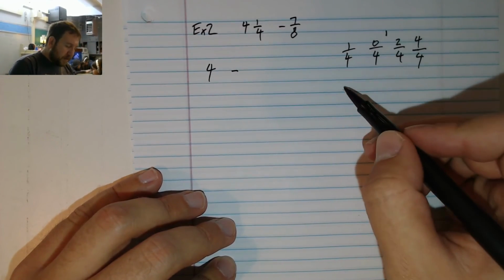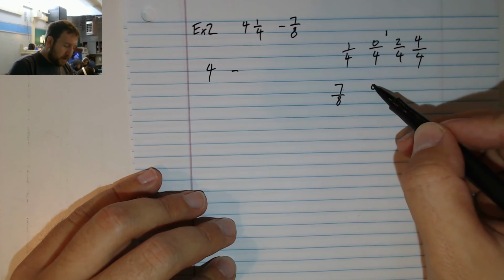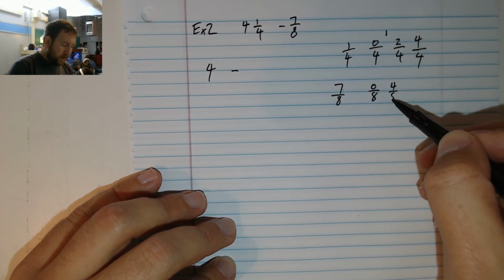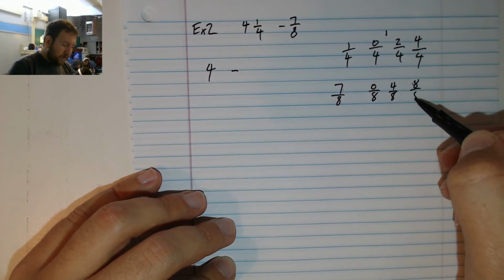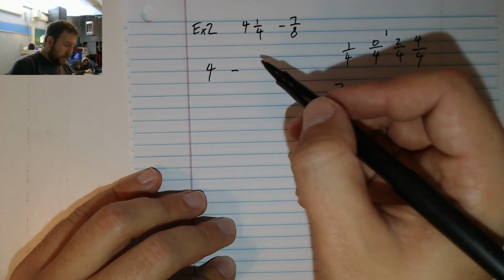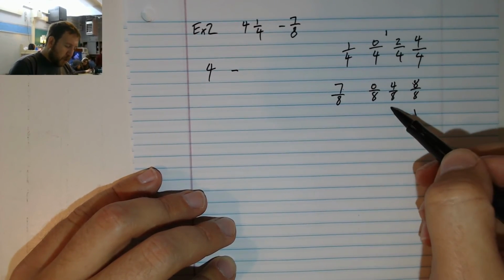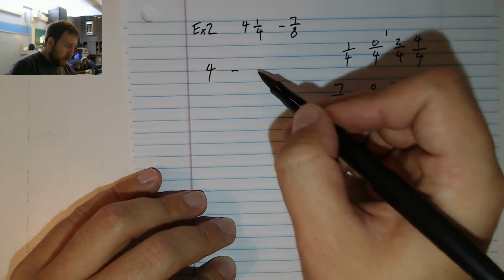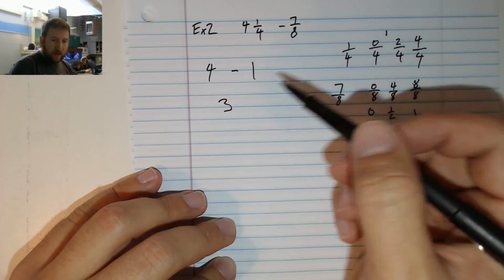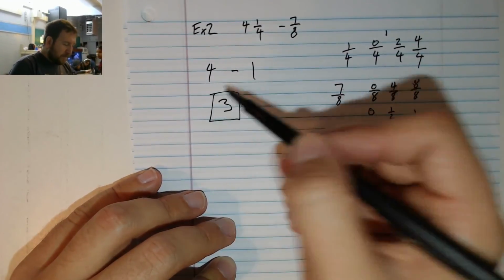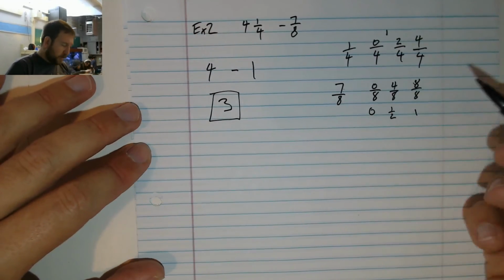I'm going to do the same thing with 7/8. Is it 0/8, 4/8, or 8/8? Well, 7 is definitely closer to 8, so I'm going to call this my 1. 4 minus 1 is 3, and now I have my approximation, subtraction.